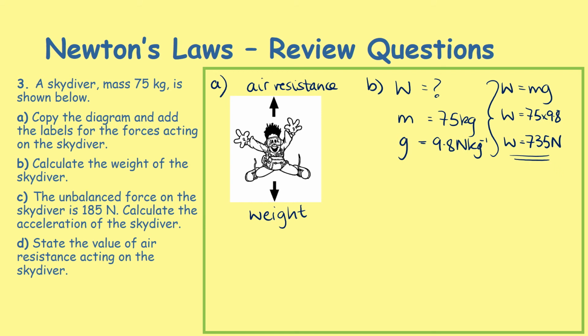So we've done part B, now we're going on to part C. The unbalanced force on the skydiver is 185 newtons. Calculate the acceleration of the skydiver. So we've been given a force, which is 185 newtons. We want to calculate an acceleration, and we've also been given a mass. Remember, that was 75 kilograms. So this time we're using F equals ma.